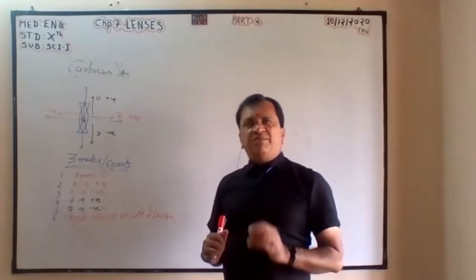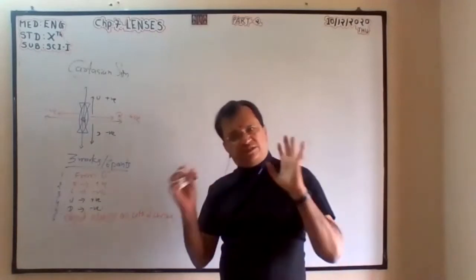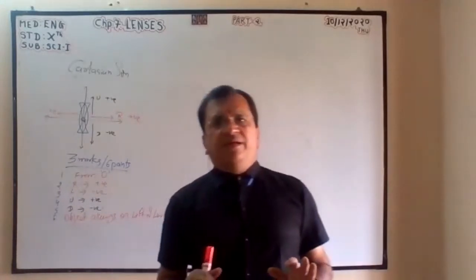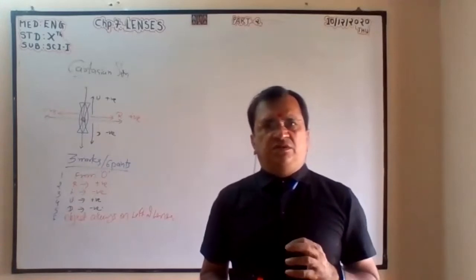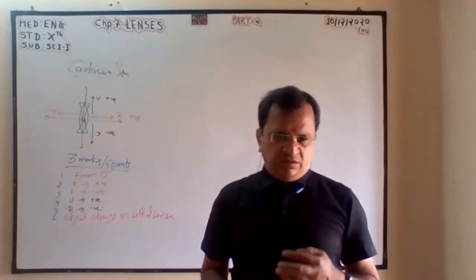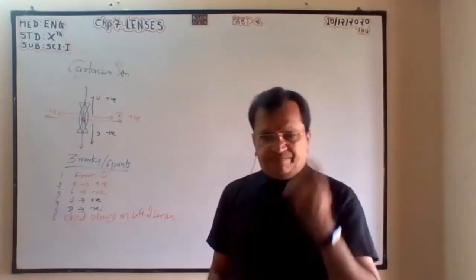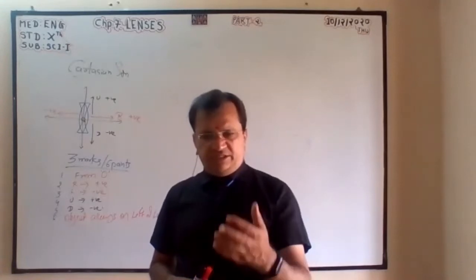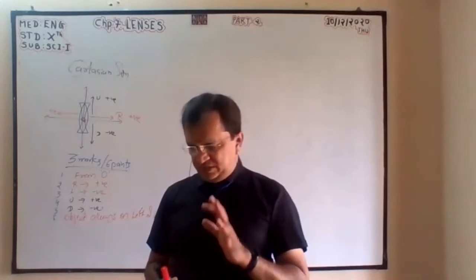We have to start measuring from O, 2 directions, 4 signs, 6 points. These are the Cartesian sign convention, meaning sign rules. On that rule, we will calculate the required things, the distance of the image, inverted, real, height.